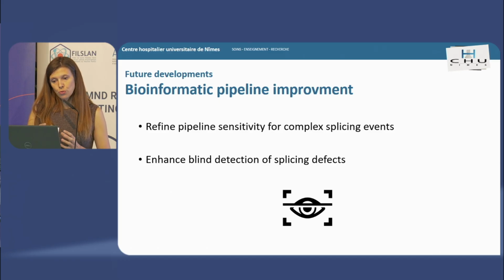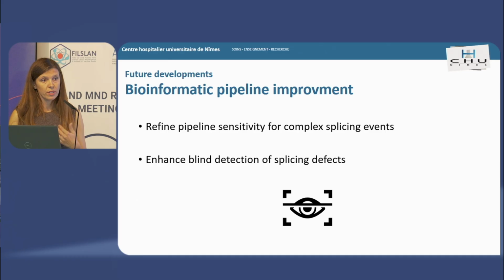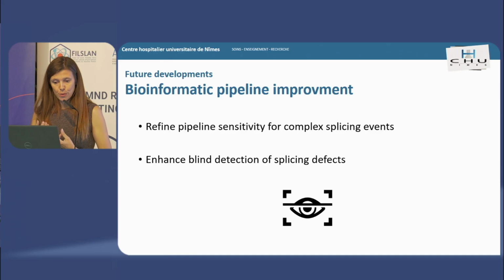So we want to improve this pipeline and enhance blind detection of splicing defects, because for a lot of patients, no variant is identified at the DNA level. So we would like to see if we can detect splicing anomalies blindly thanks to this method.